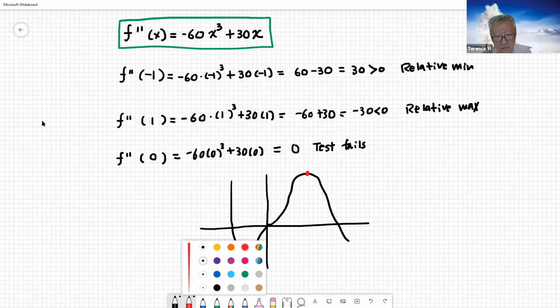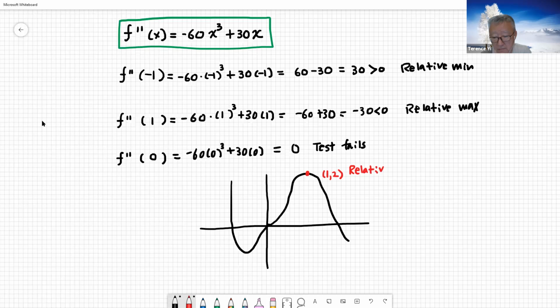It happens at x equals 1. If you plug in x equals 1, y becomes 2, so we got (1, 2). That becomes your relative maximum. And we found that x equals minus 1 is going to be a relative minimum. If you plug minus 1 into the original function, you get y equals minus 2, so that means you get a relative minimum.